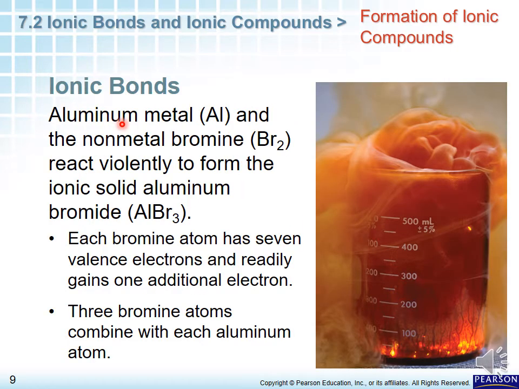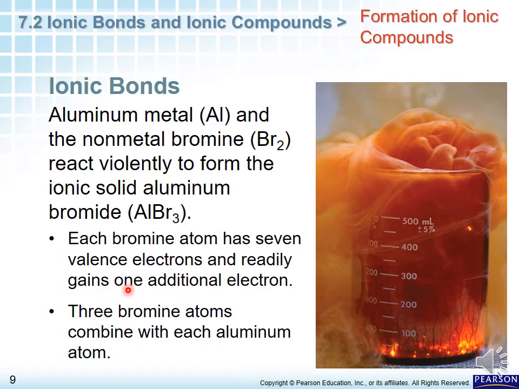Another example, which is aluminum, Al, and non-metal bromine, Br2, react violently to form the ionic solid aluminum bromide, AlBr3. Each bromine atom has 7 valence electrons because it belongs to group 7A, and readily gains 1 additional electron from aluminum.